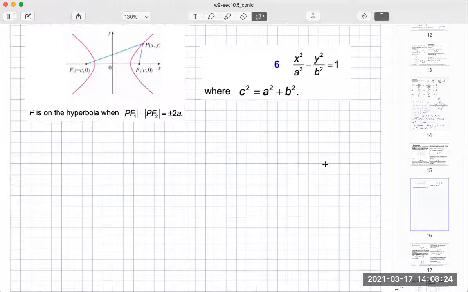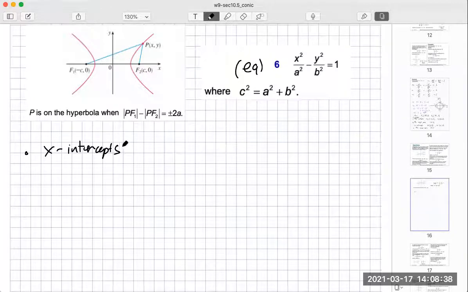First, from this equation, equation 6 here, what are the x-intercepts? The x-intercepts, it means that the y-coordinate should be, what is it? 0. In order to find the x-intercept, we simply set y equal to 0.